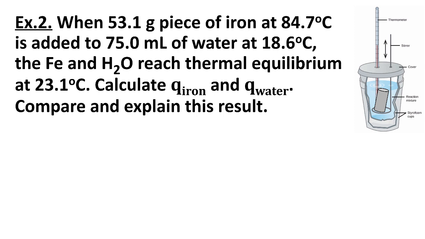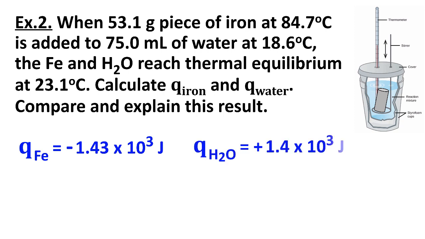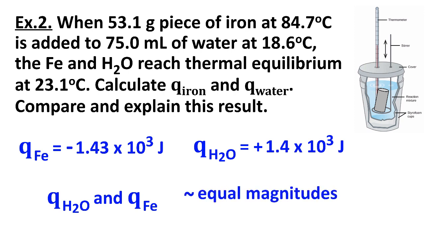And now let's compare. The Q for iron is negative 1,430 joules. The Q for water is positive 1,400 joules. And notice Q for water and Q for iron are pretty much the same value.